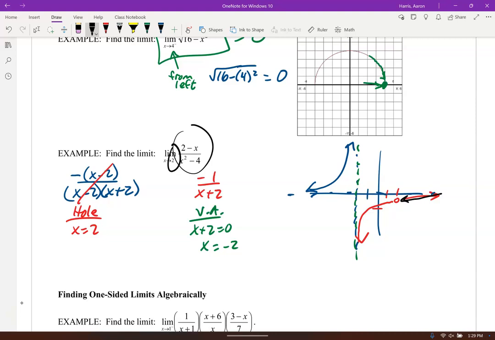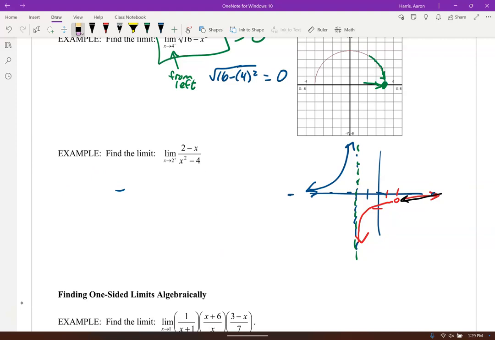So that's why you would want to go through that same process that we did before in factoring it. Let's run through it one more time so that you know, if you have a hole, you better factor this thing, because you can't just throw the 2 in. So factor a negative out, factor the bottom.